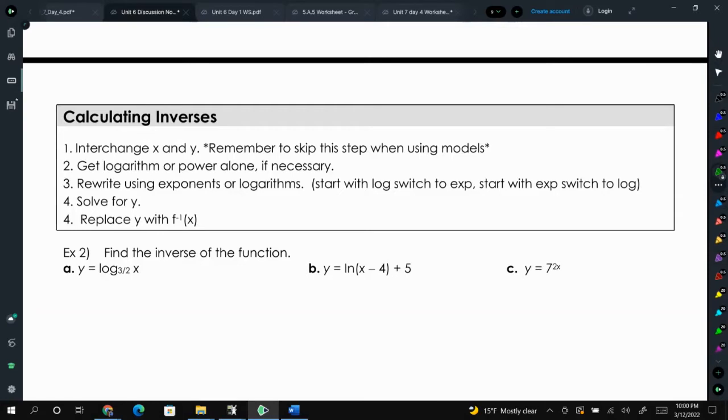So we're going to switch x and y, but we have to get the log or the power, the base being raised to the power alone. Then we switch from log to exponents or exponents to log, and then get y by itself. So we have to do that switch that we talked about the other day.